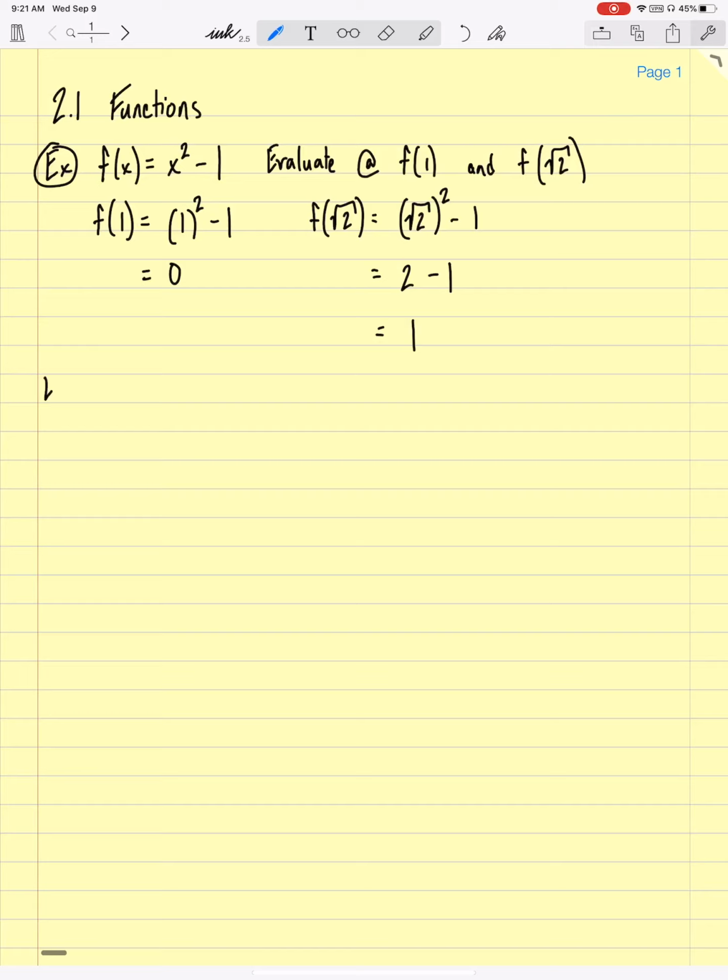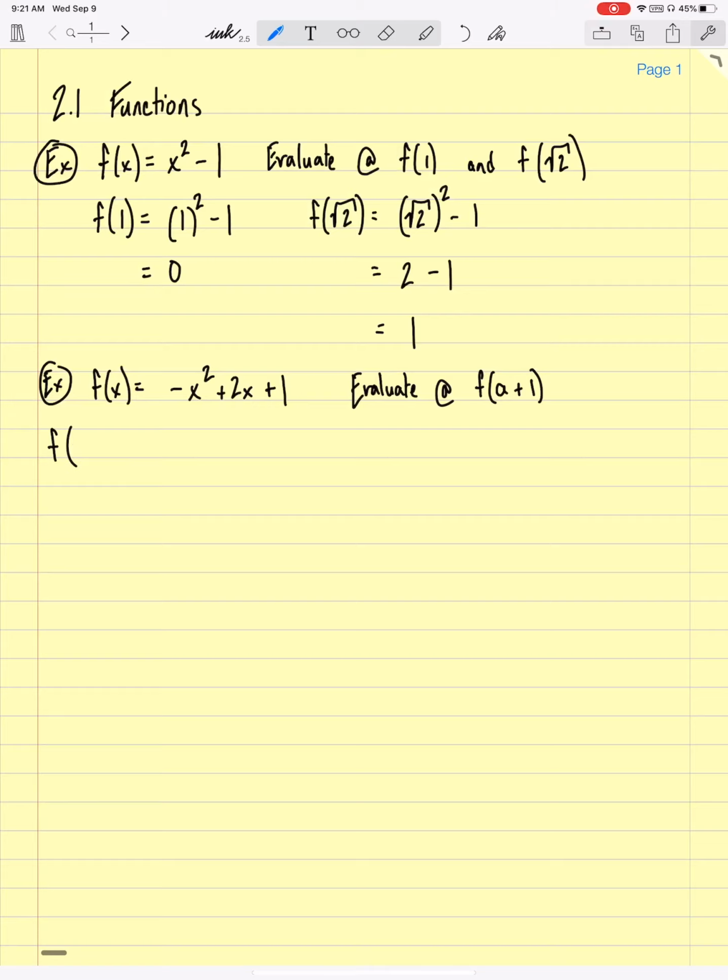For one that's a little bit more advanced, you could have something like f of x equals negative x squared plus 2x plus 1, and we want to evaluate at f of a plus 1. So instead of plugging in a number, we're going to plug in an expression, a plus 1.